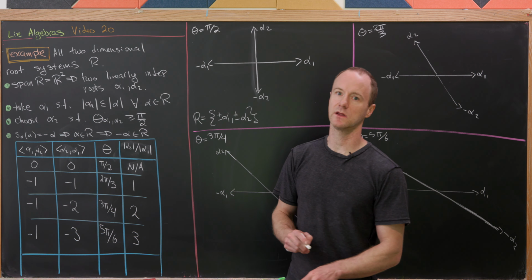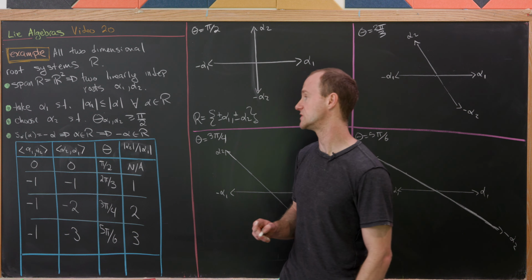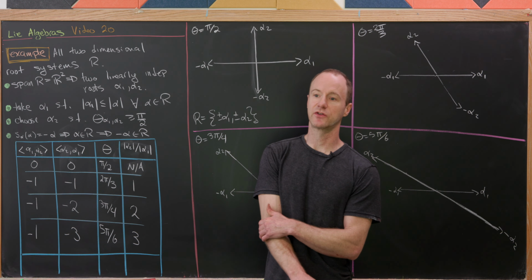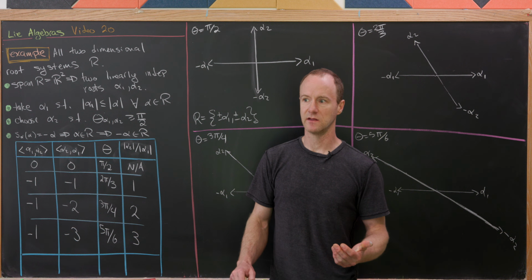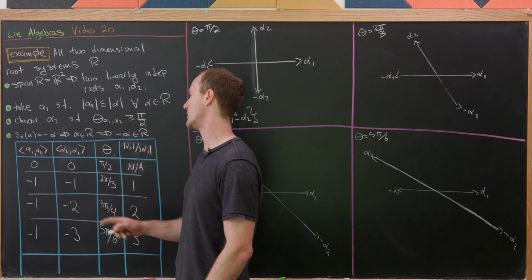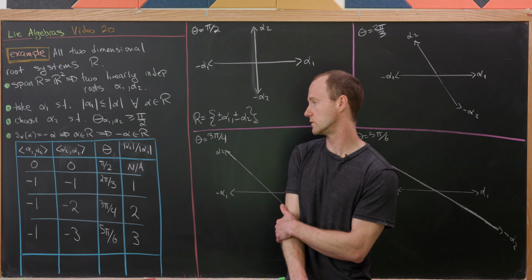You can always do that, because if you reflect any root through the hyperplane that is normal to that root, you get negative that root. That means that if alpha is a root, then negative alpha is also a root.